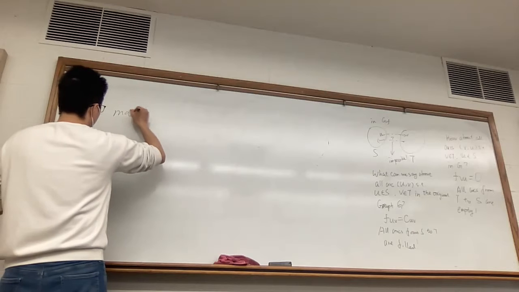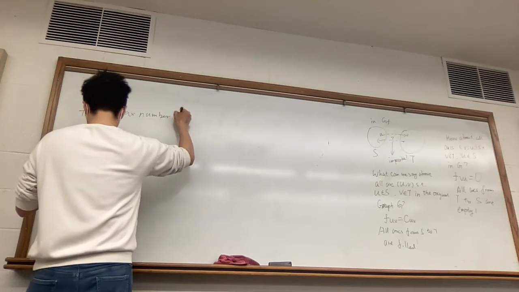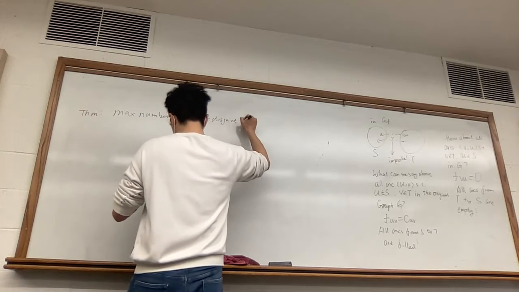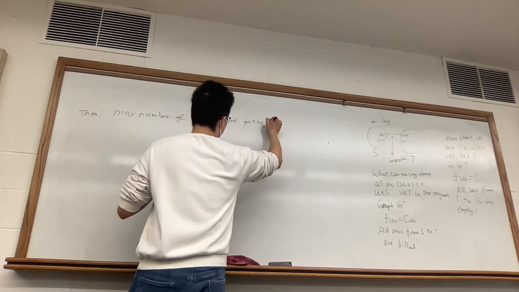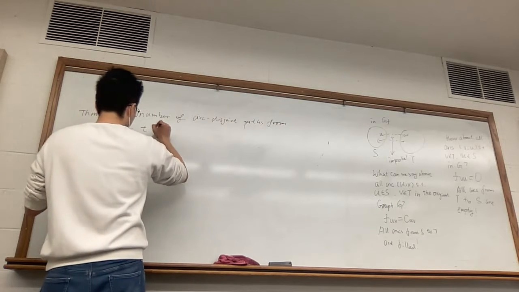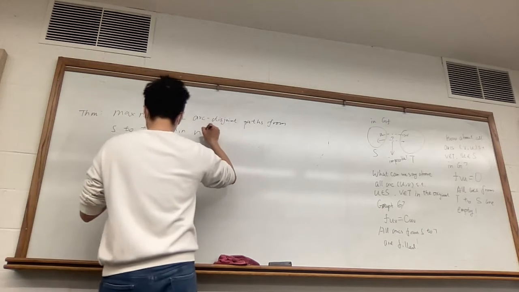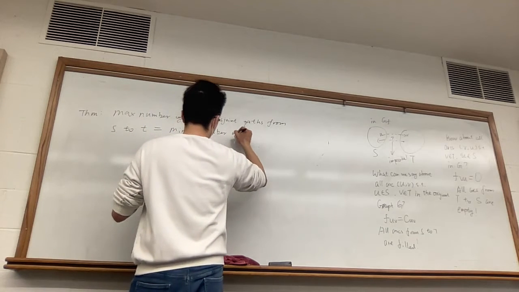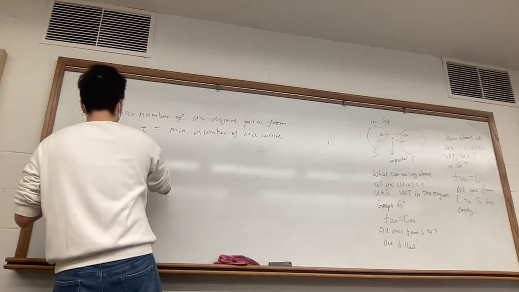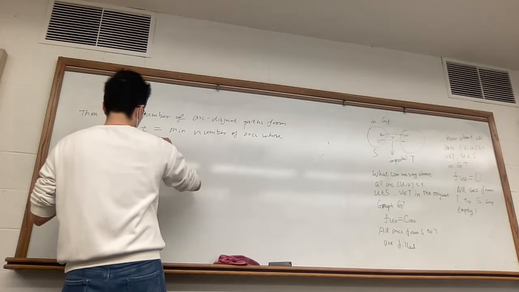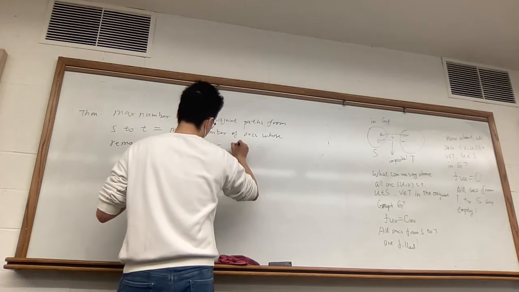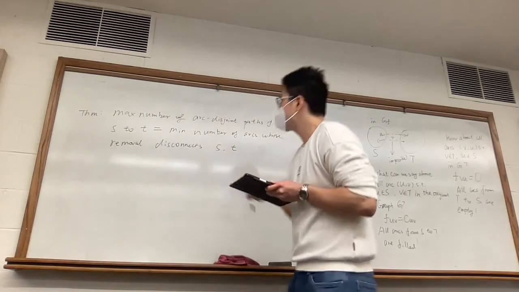The max number of arc disjoint paths from S to T equals the number of arcs whose removal disconnects S. So what does this theorem say?